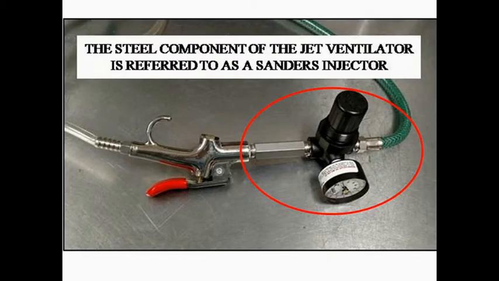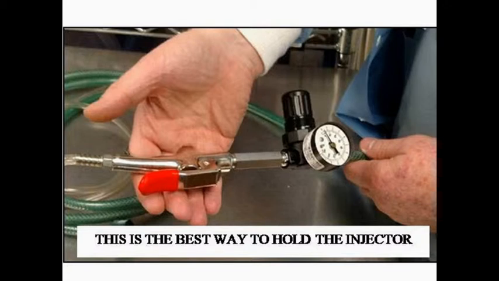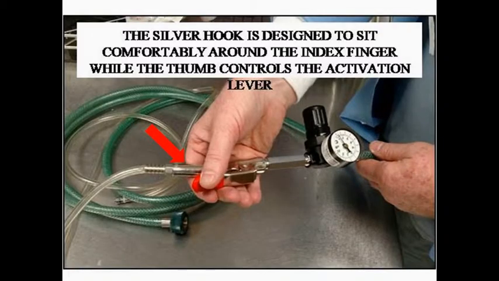This portion of the jet ventilator, immediately prior to the Sander's injector, is a pressure reducing valve and pressure gauge for modification of inflation pressures. Your ability to have maximum control over pressures liberated by the Sander's injector is to hold it in a precise fashion.